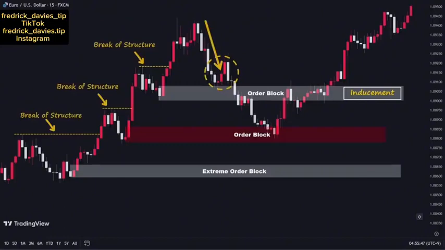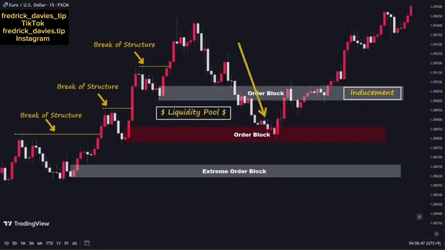However, contrary to their expectations, the price resumed its downward momentum and effectively swept the liquidity that had accumulated below the inducement zone, primarily caused by the stop losses of traders who held long positions from the upper order block. Additionally, we can see that after touching the middle order block, the price reversed and initiated a substantial upward movement to clear out the buy-side liquidity.